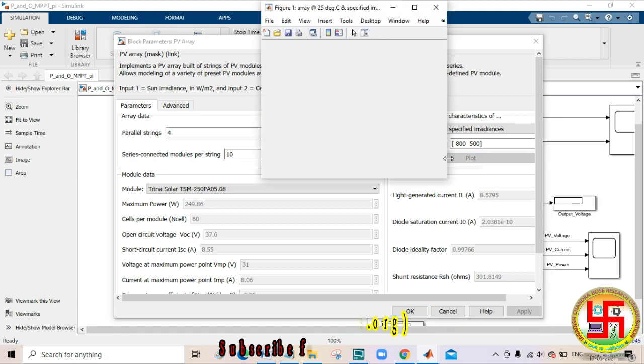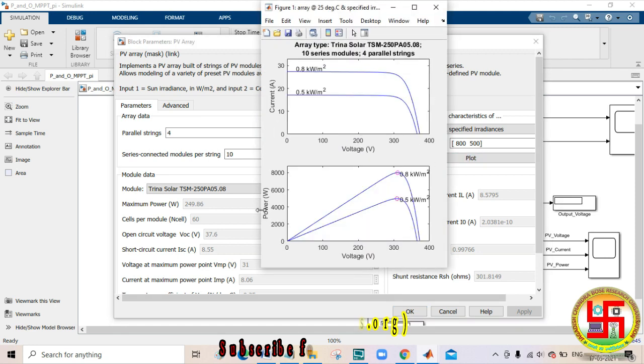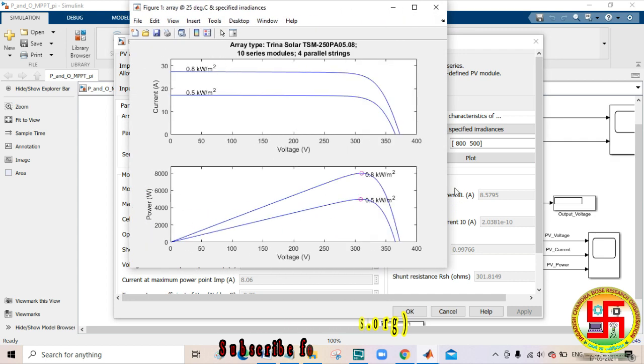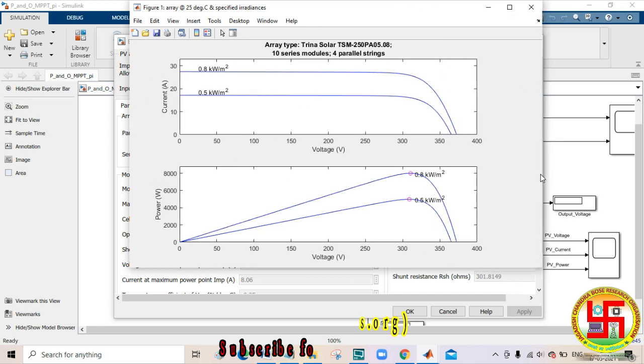If you draw the plot characteristics of the solar PV panel, how many panels? 10 panels are in series and 4 panels are in parallel here.